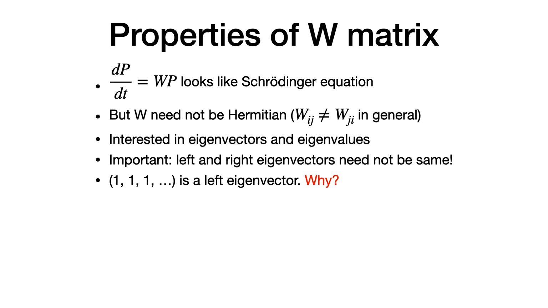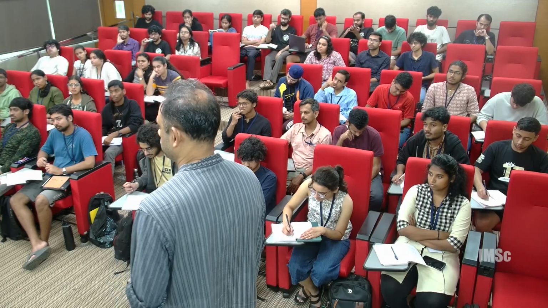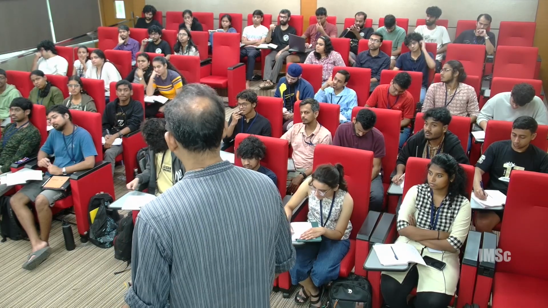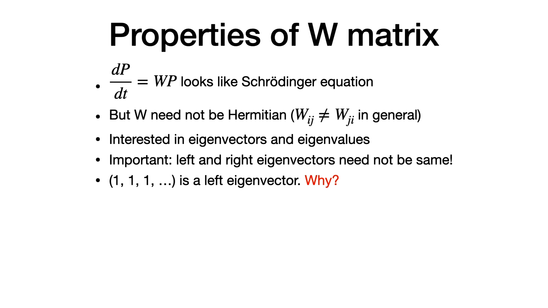Okay. So, now can we say something more about eigenvectors and eigenvalues? My claim is that 1 1 1 1 1 is a left eigenvector of W. Why? Column sum is 0. So when I multiply from the left, 1 1 1 1 into any column is the sum of the column, but the sum of the column is 0.